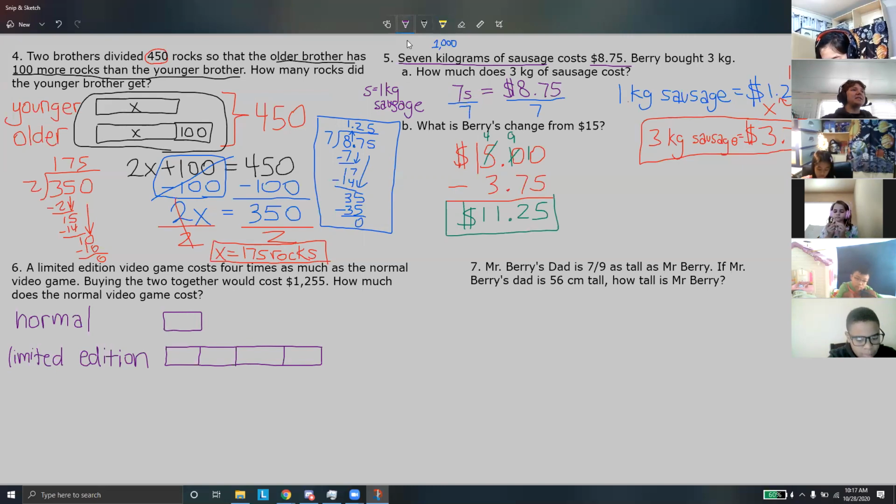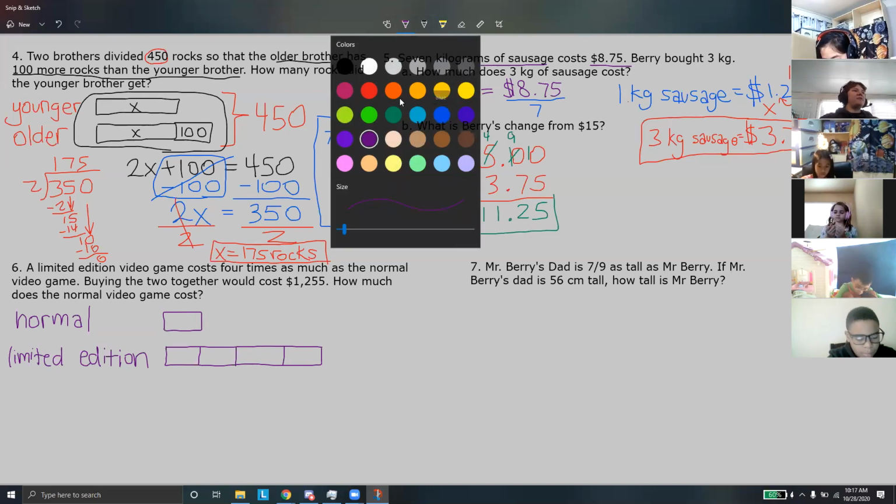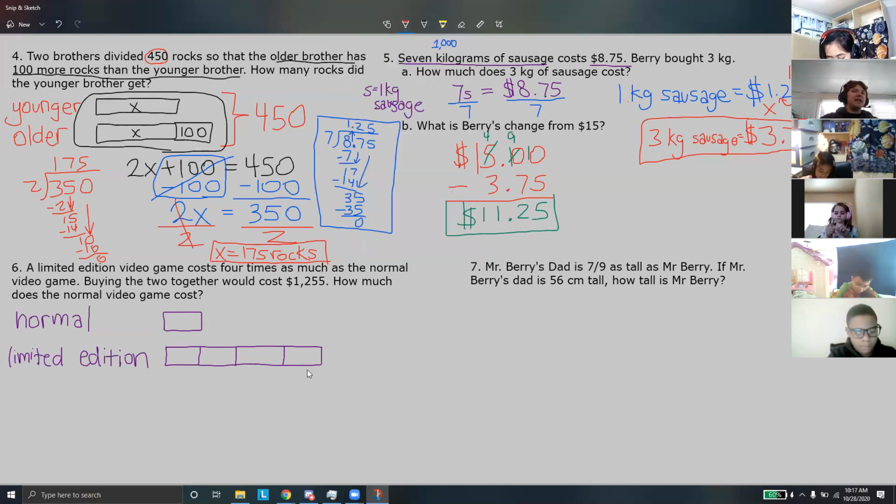And since every single one of these boxes is the same size, right? If the limited edition is 4 times bigger, that means it's 4 of the same size bigger. Every one of these boxes is going to get an X. Right? They're all the same, and we're trying to find out what number is in it, but they're all the same size.